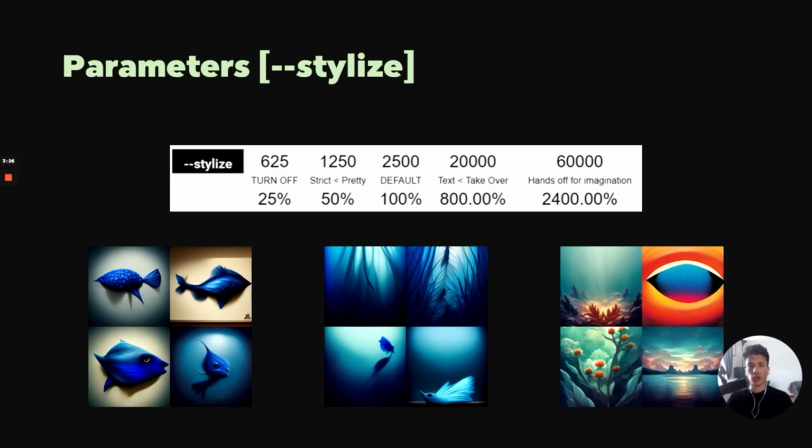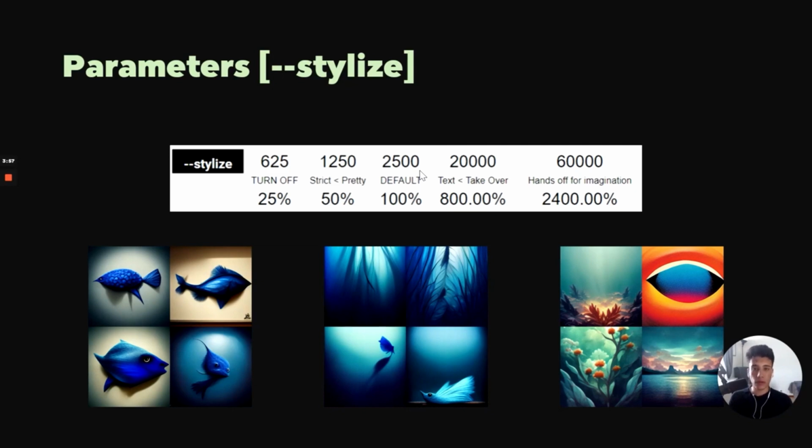This is how much you want the AI to steer the wheel in terms of generating your things. So for example, in this instance, I've generated a blue fish. And if I use the 625, it basically turns off the AI's imagination and it's gonna just give you a blue fish, and it's not gonna be as creative, it's not gonna be as beautiful. So, here is what that kind of looks like in a way.